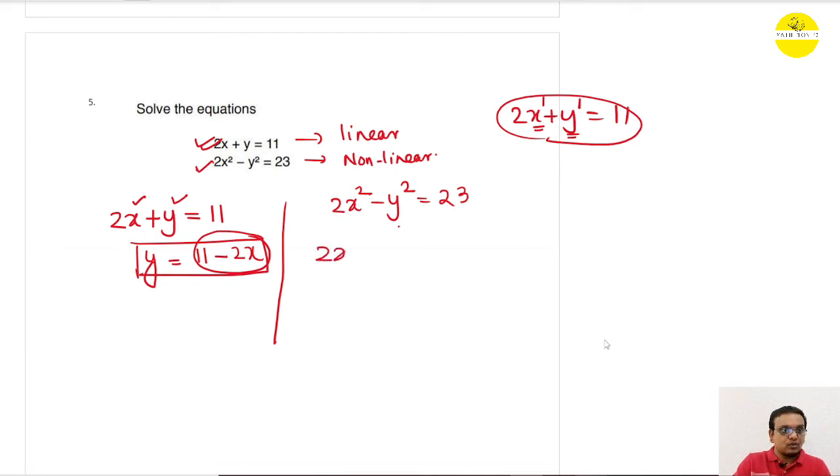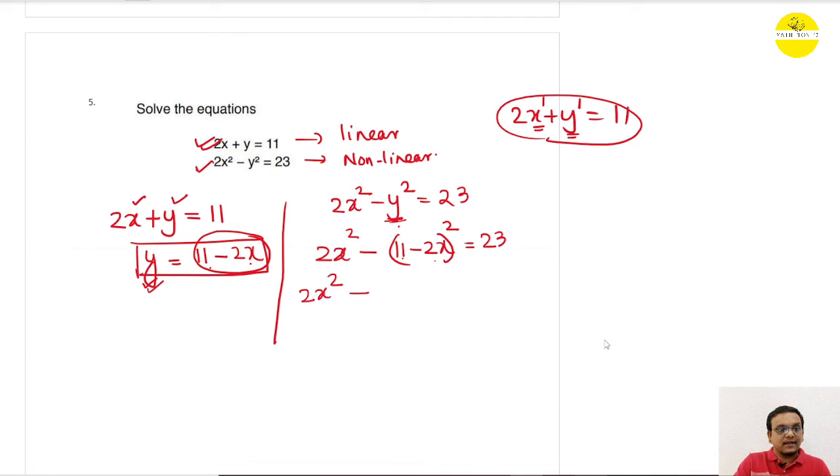See, 2x squared minus (11 minus 2x) whole squared is equal to 23. Understood? Because I got the value of y from the first equation as 11 minus 2x, that's why I'm substituting the value of y here, that is (11 minus 2x) whole squared.